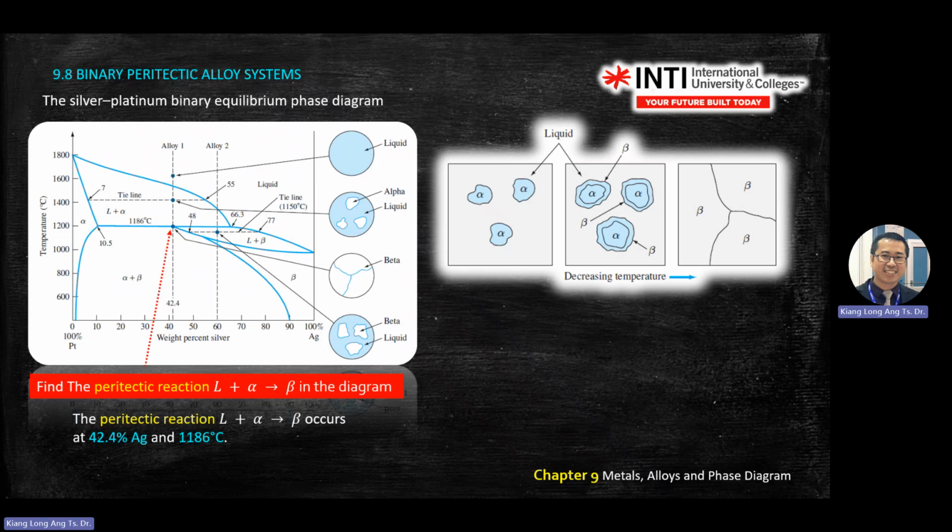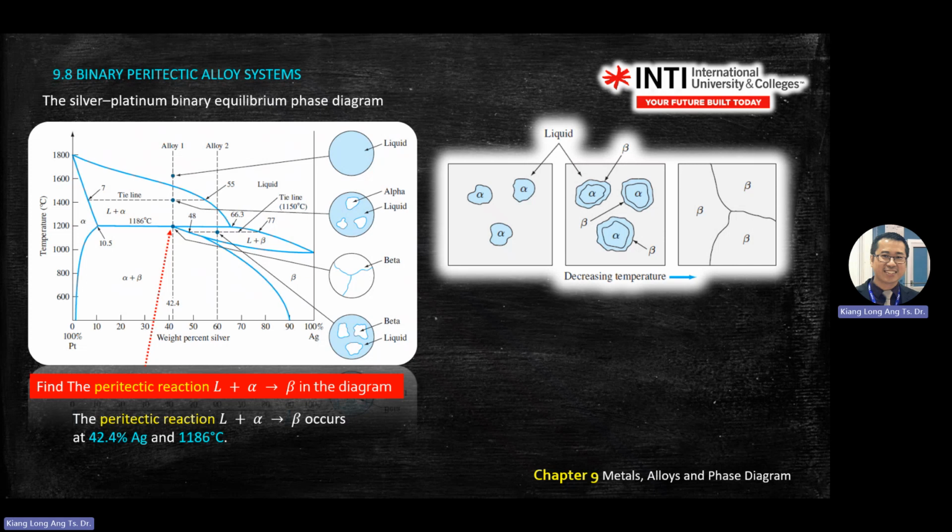from this point to this point, the beta will form outside the alpha layer. It will be like the supercool reaction. In this case, it's peritectic, so it will have one layer outside.